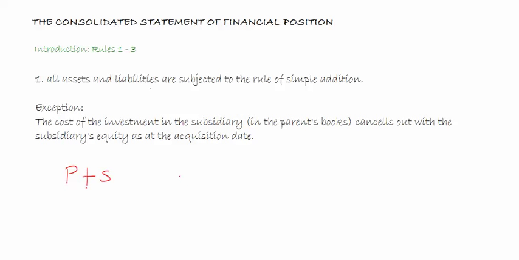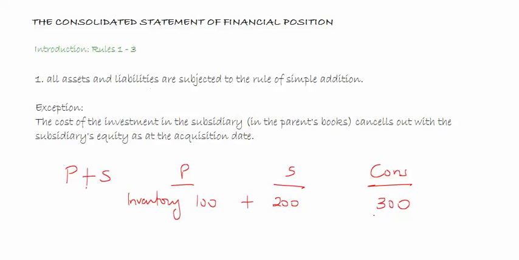So if, for example, the parent has, let's call it inventory of 100, while the subsidiary has inventory of 200, then it means that the consolidated inventory is 100 plus 200, which gives you 300.